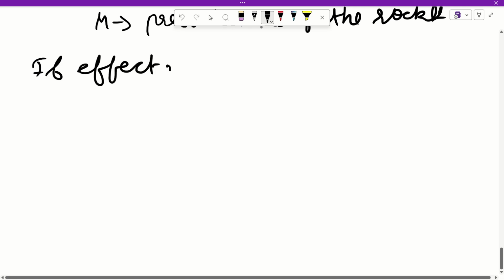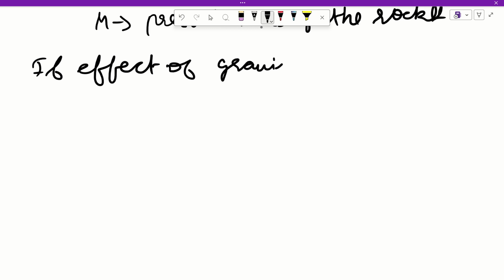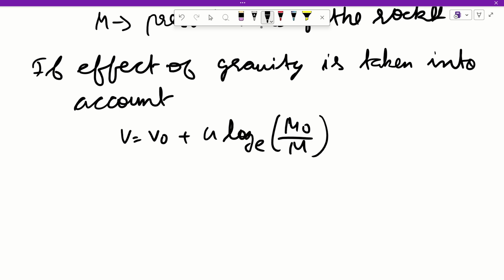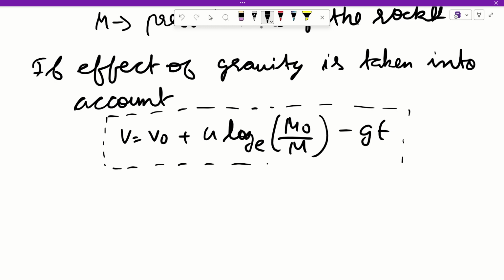Then the equation becomes V is equal to V0 plus U log M0 by M to the base e minus gt. It's an important equation. Note it down, guys. Asked in many entrance exams, so it may be asked in the next exam.